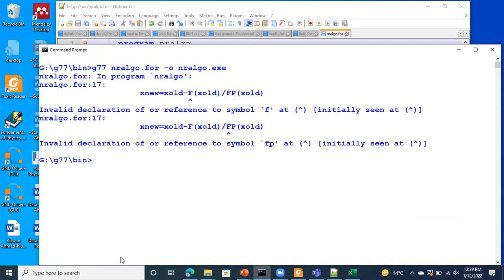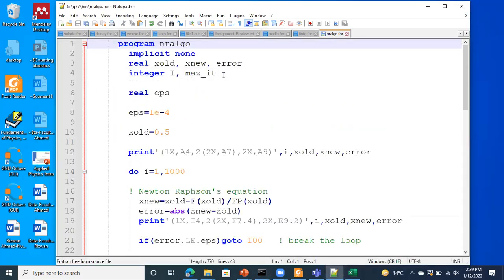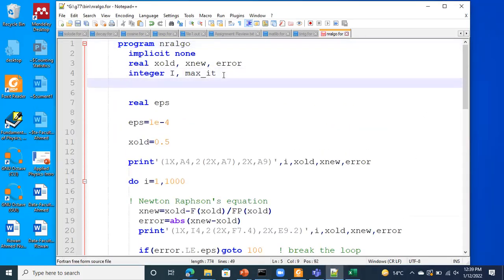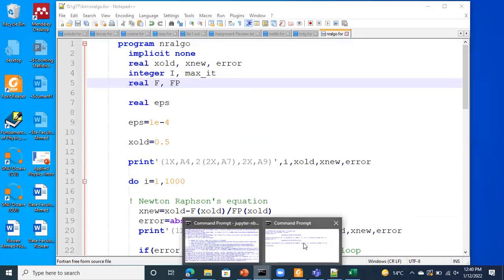Oh, with the implicit none, f and fp have not been identified in the main program. So we must have their identification, real f and fp. One more time.